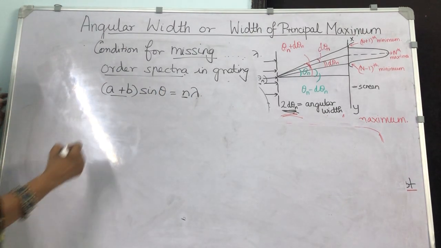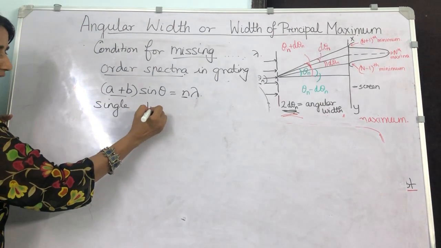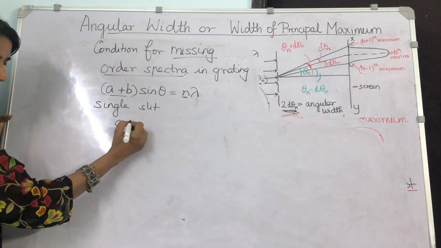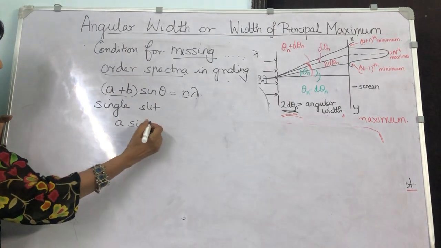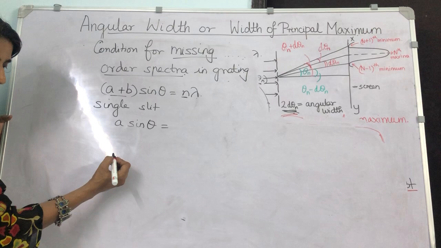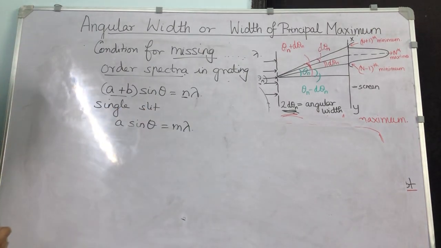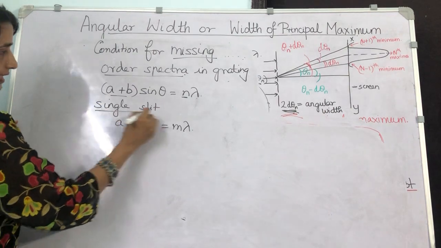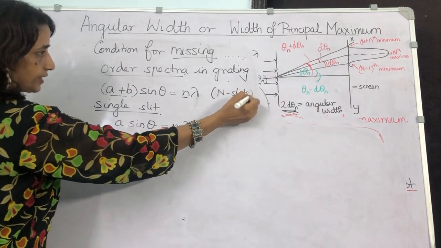For a single slit, this expression becomes a sine theta equals m lambda. This is for a single slit and the other is for n number of slits.